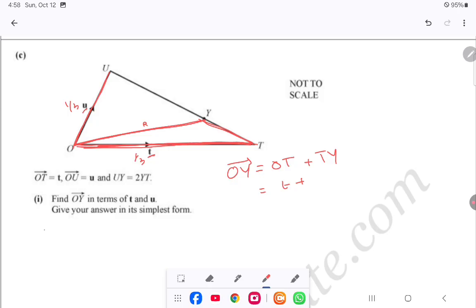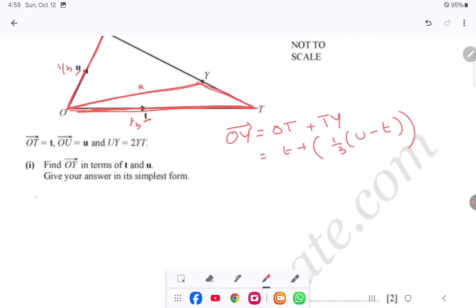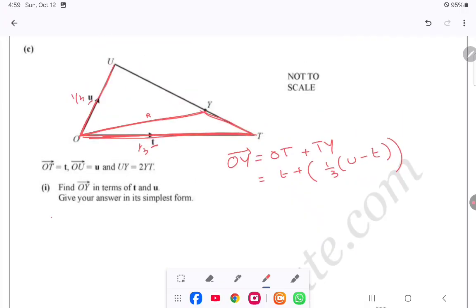By simplifying, we can say that TY is 1 over 3 (U minus T). In order to get the TY, we have to subtract the T part from the U, which is 1/3 of it.